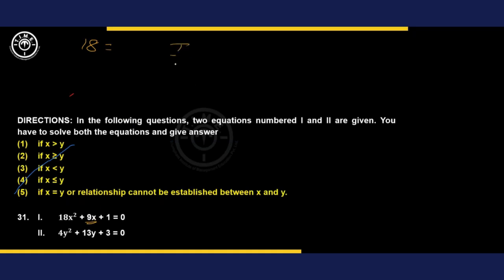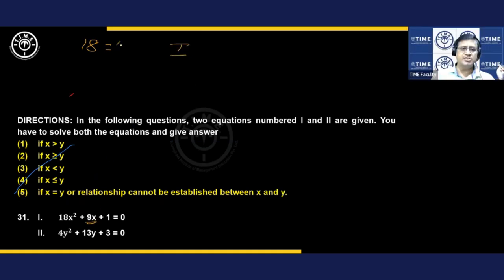So what are the factors? 18 is 6 into 3. 6 plus 3 is equal to how much? 9. The factors are 6 and 3, positive factors. What about the roots? Take the same numbers with the opposite sign and divide with the coefficient of x square. So these are the roots of the first quadratic equation.